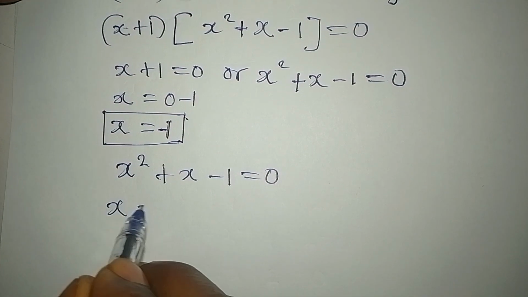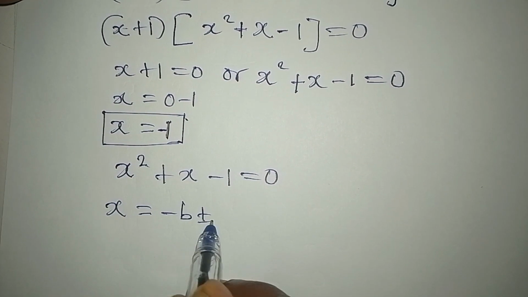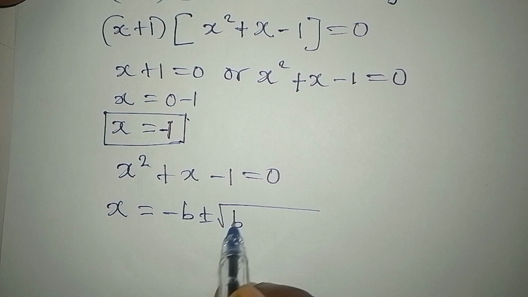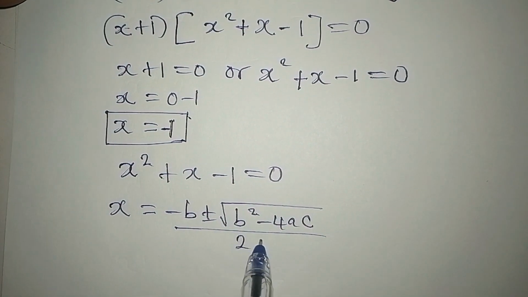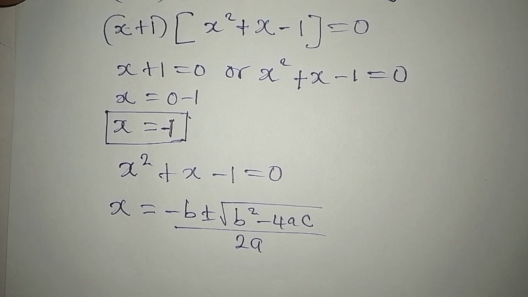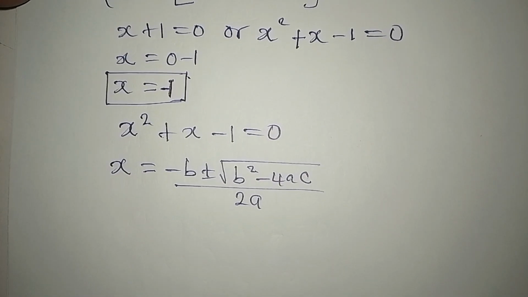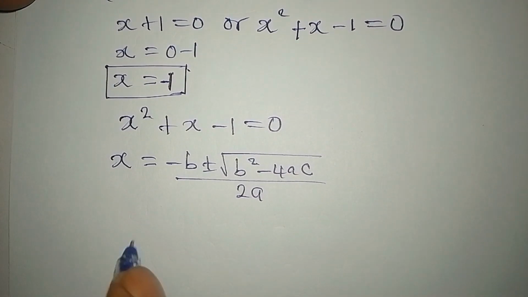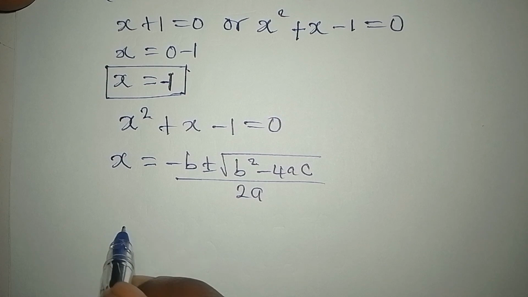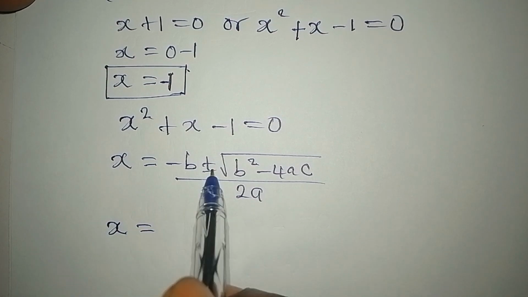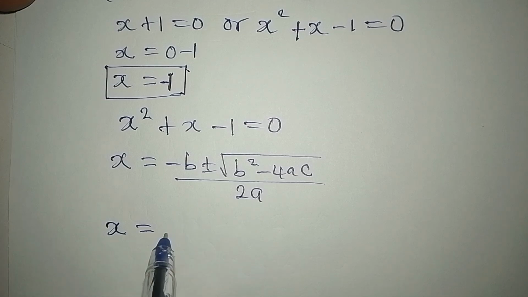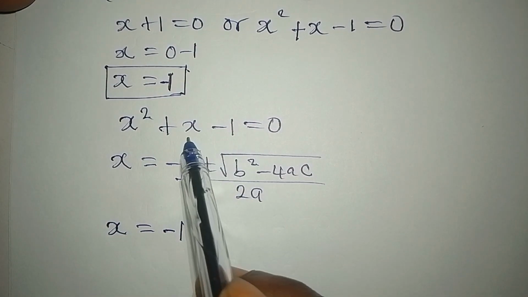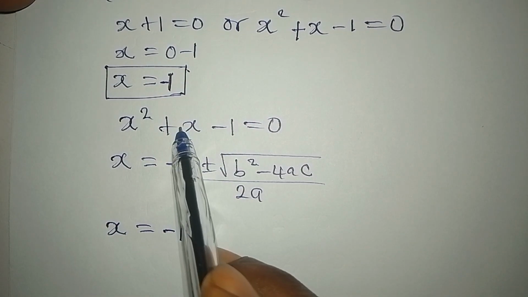By the way, can you remember your quadratic general formula? x is equal to minus b plus or minus square root of b squared minus 4ac, everything is over 2a. Are you still following what we are doing? If you're following, you're doing greatly. Now, let's see if we can get it to the end. x is equal to, in place of minus b, I'm going to write minus 1 because b is the coefficient of x, and that is 1.